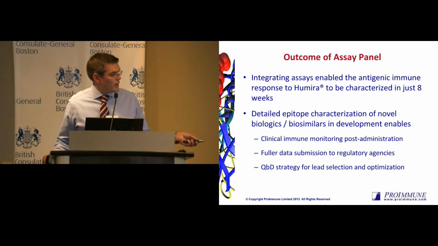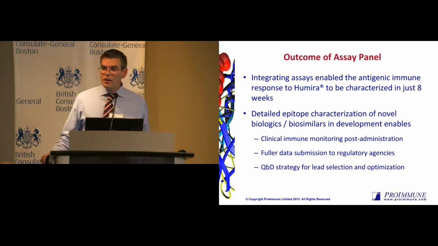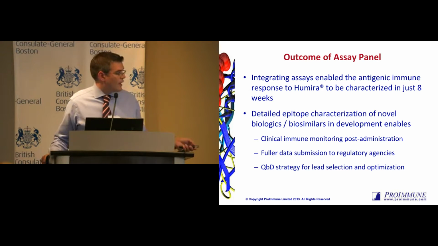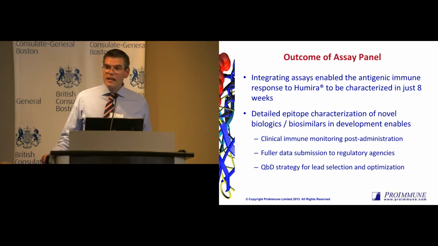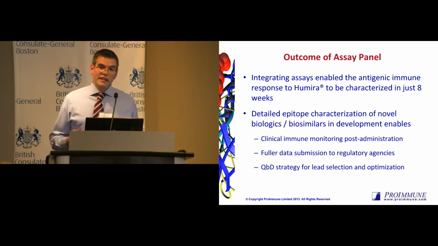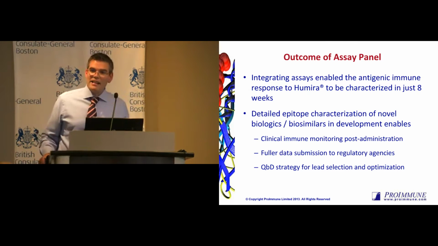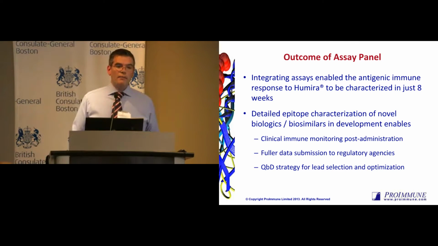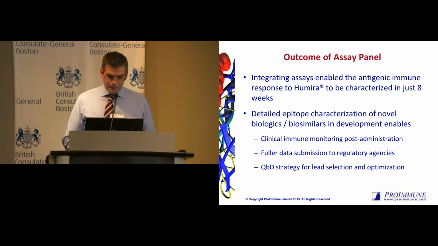It could be that you want to identify epitopes to then monitor immune responses in patients downstream. It may be that you're thinking about providing a more detailed data submission to regulatory authorities, particularly for novel proteins. We've heard about X10, for example, or other therapeutic proteins directly. So there's lots of different ways that this can be applied.